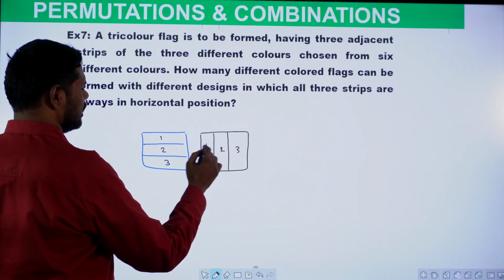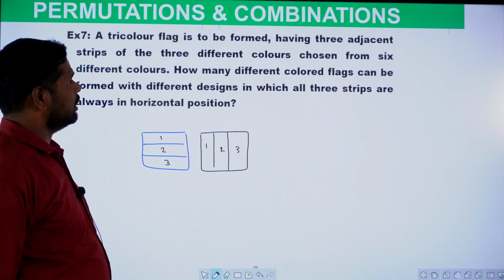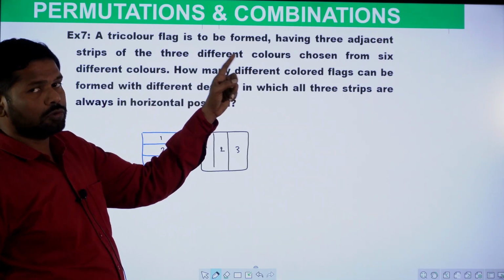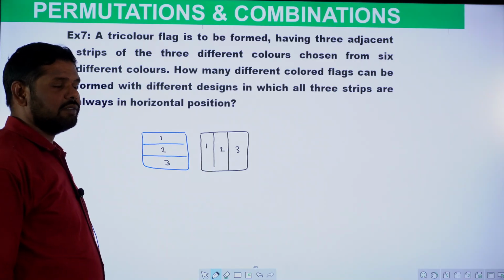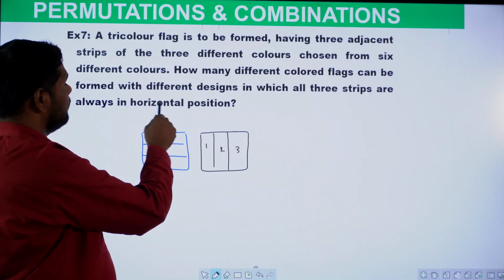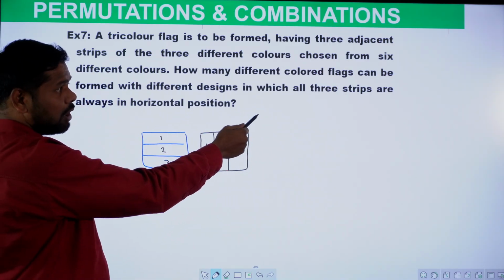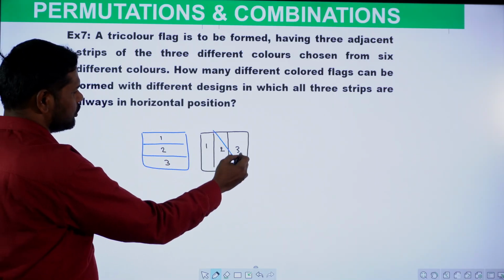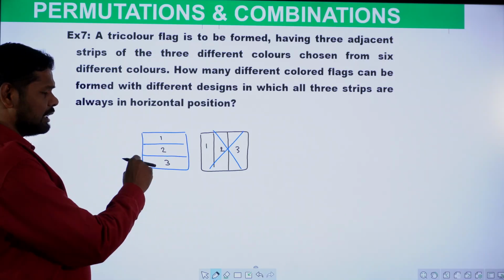Like this, we need to form a flag actually. Now, how many different colored flags can be formed with different designs in which all the 3 strips are always in horizontal position? So no need to consider that vertical case, only horizontal case.